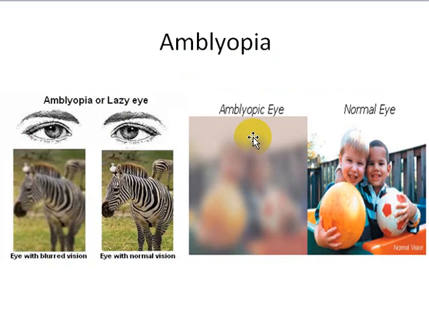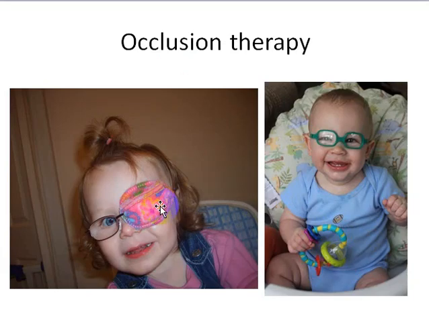This picture shows how the patient with amblyopia sees objects, here in case of weak amblyopia and here deep amblyopia. The other picture shows the occlusion therapy. Here is patching of the better seeing eye, and here the fogging glasses for the better seeing eye.